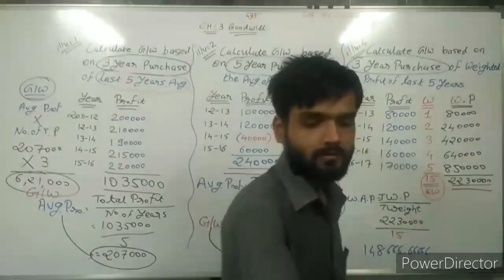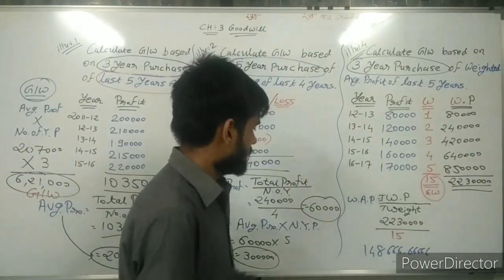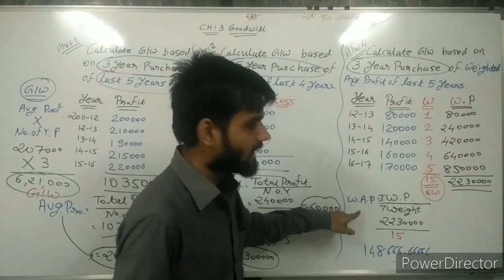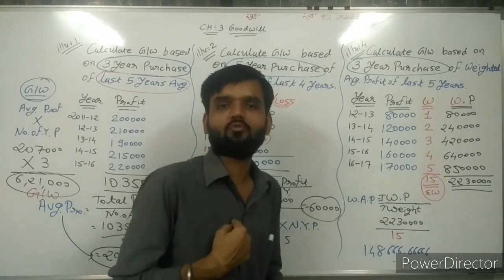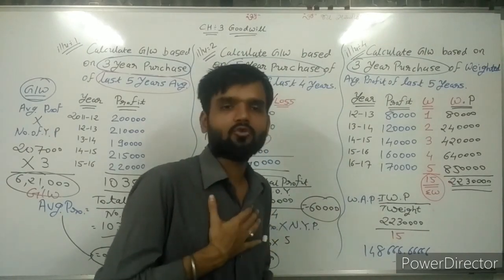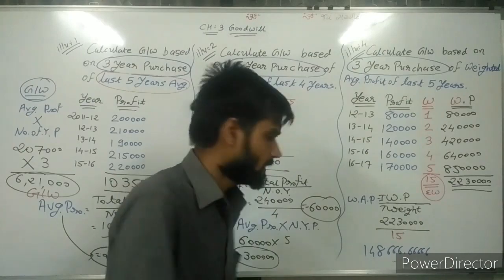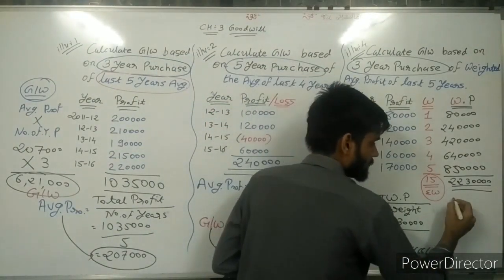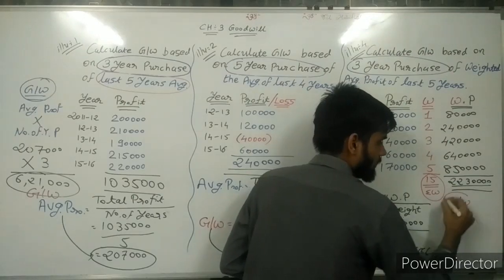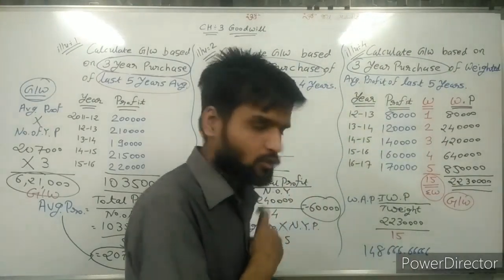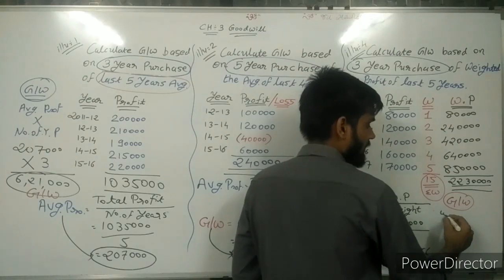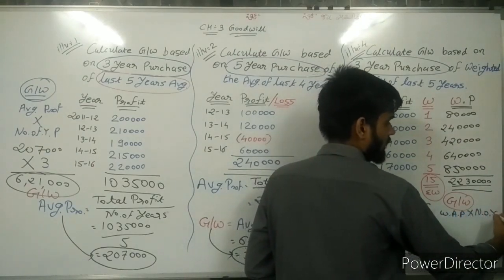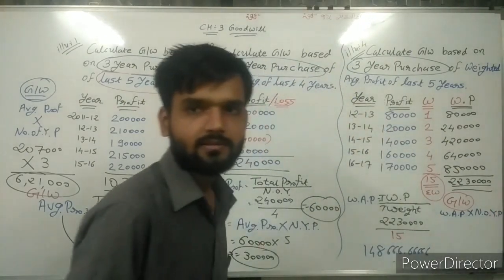So this is my weighted average profit. Now on this weighted average profit, what do we need to find? We need to find goodwill, and goodwill is very easy to calculate. Goodwill is equal to weighted average profit into number of years purchase.